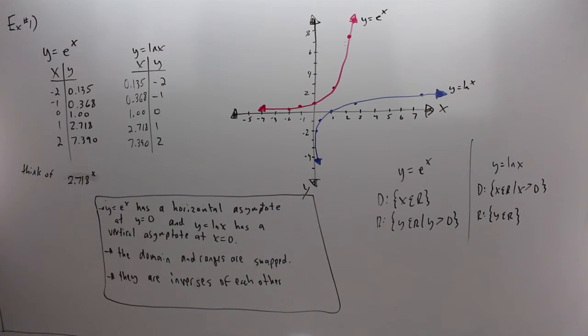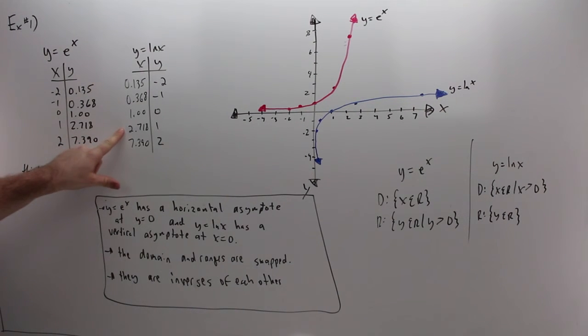That's what it means by they undo each other. Hopefully this makes some sense and you can get the connection here. One of the key ideas is that if you took the ln of e, you would get 1.